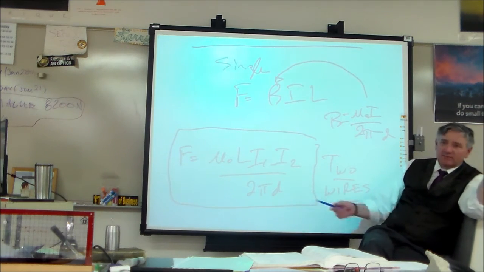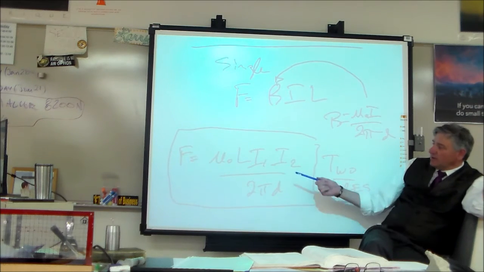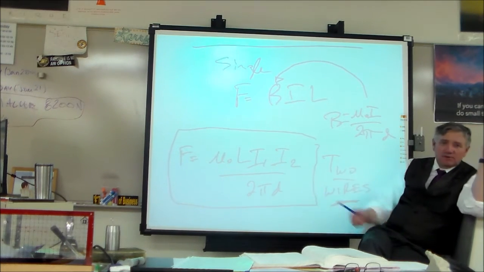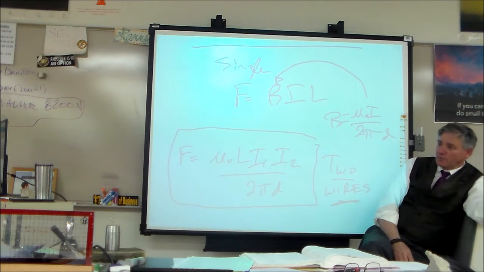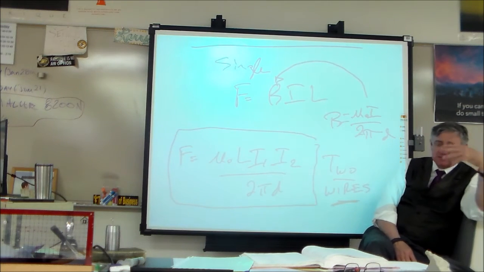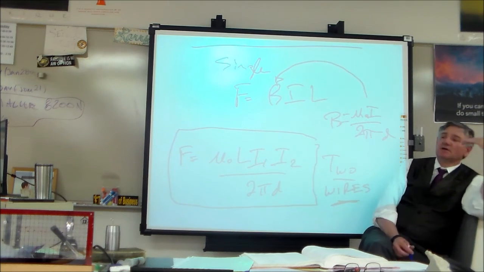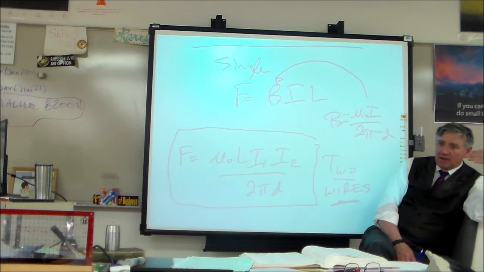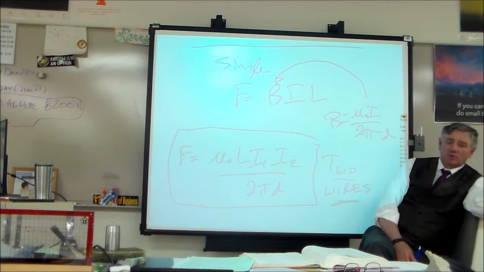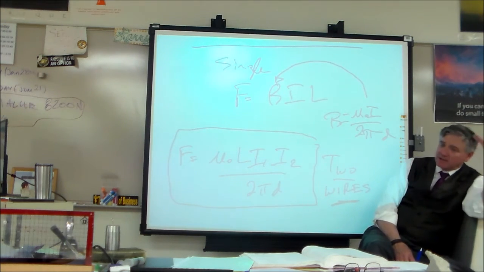So this is why you divide by d. And obviously, the stronger the currents are, the more force they're going to feel, because the stronger that current is, the more intense the magnetic field is going to be around that wire. Got the idea? Okay.